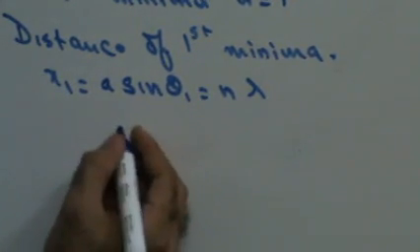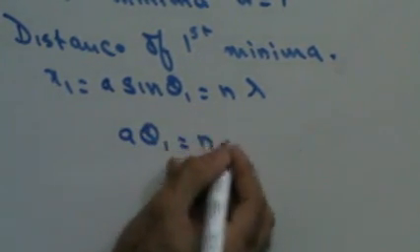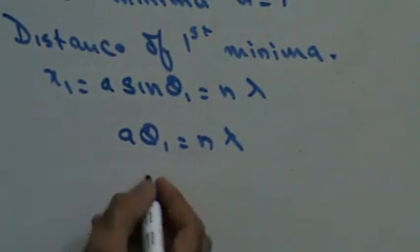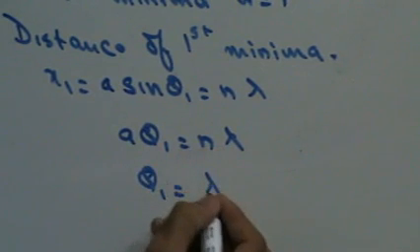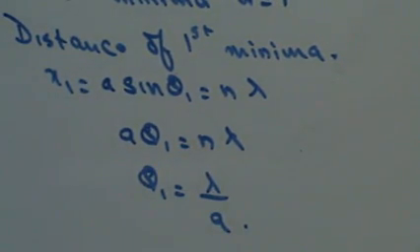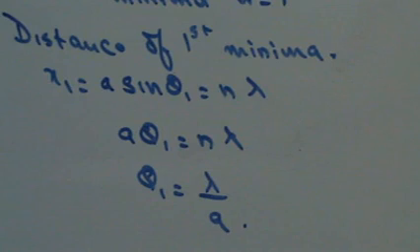So n is 1, so I can say that aθ1 is equal to nλ, therefore I'll get θ1, n is 1, so there will be λ upon a. So I'll get the angular diffraction for the first minima. Same way I can get the angular diffraction for the third minima.